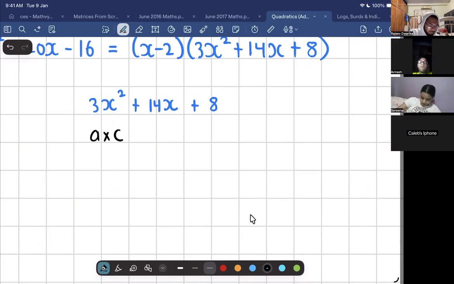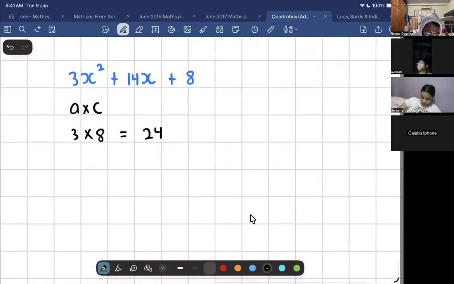What is the A term? 3. What is the C term? 8. What is 3 times 8? 24.